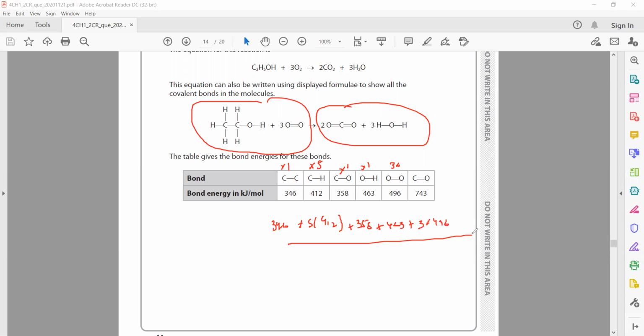That will give us the bond breaking. So the total energy for bond breaking will come out 346 plus 5 into 412 plus 358 plus 463 plus 3 into 496. So when we add them, it will come out 4715. That's the bond breaking energy.